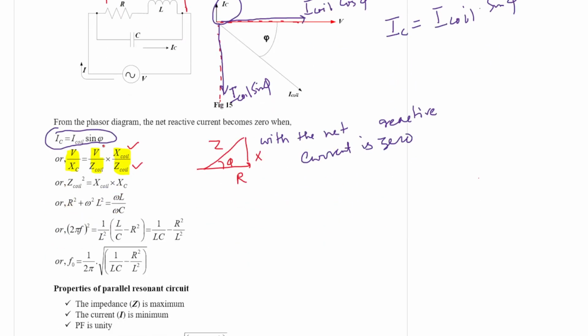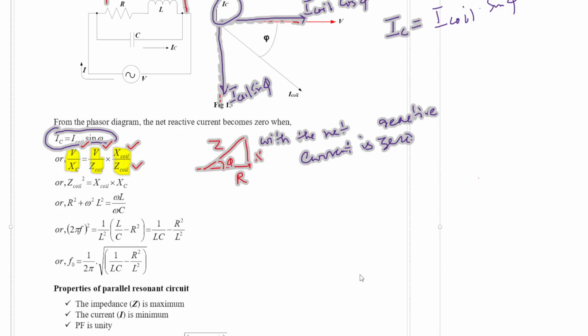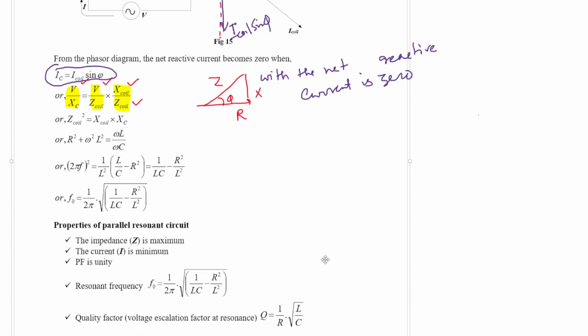So I coil is equal to V by Z coil, and IC is nothing but V by XC. If you solve this, it will become V by XC equal to V by Z coil into X coil by Z coil.